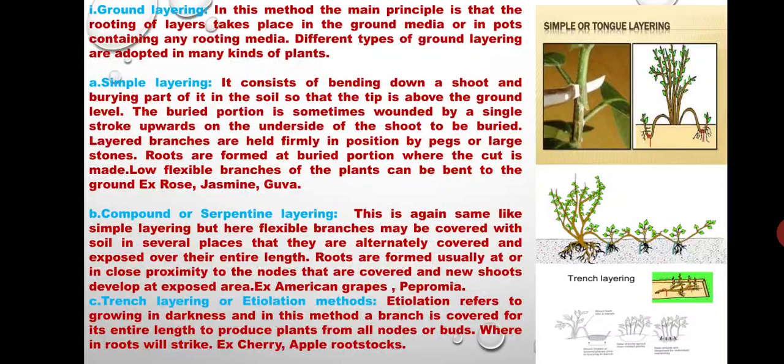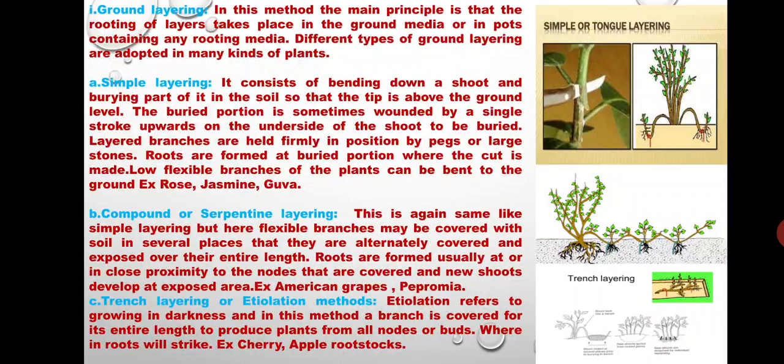Layered branches are held firmly in position by pegs or large stones. Roots are formed at the buried portion where the cut is made. Low flexible branches of the plants can be bent to the ground. The best examples are rose, jasmine, and guava.